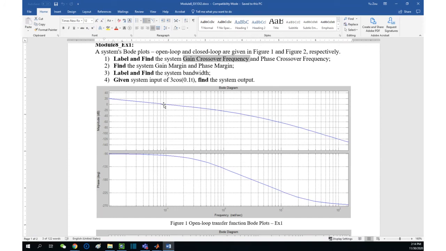Therefore, what is the frequency value here? Can anyone read this frequency value?